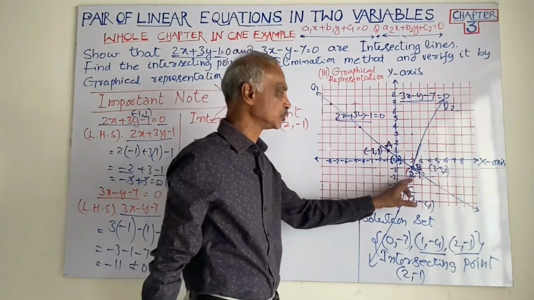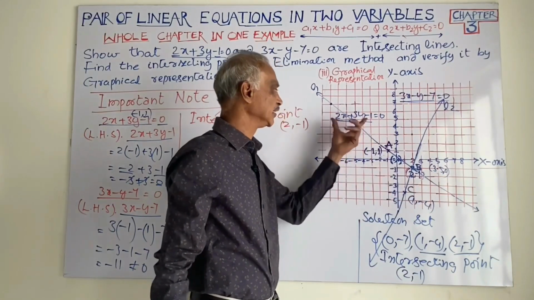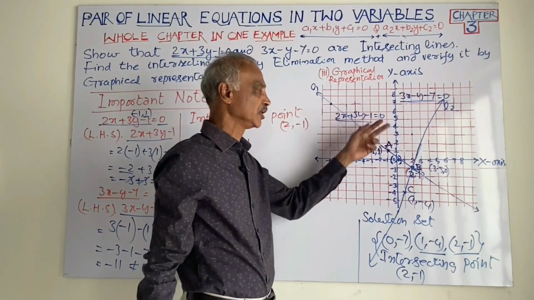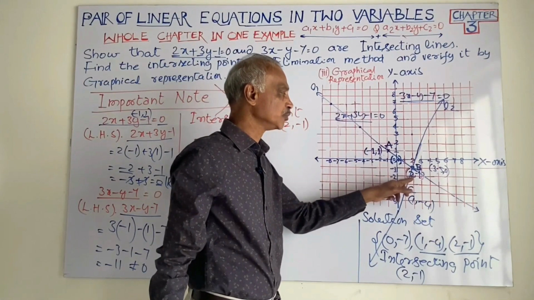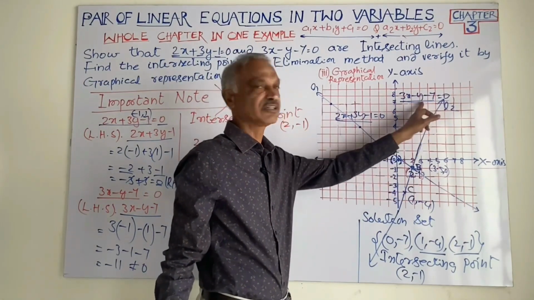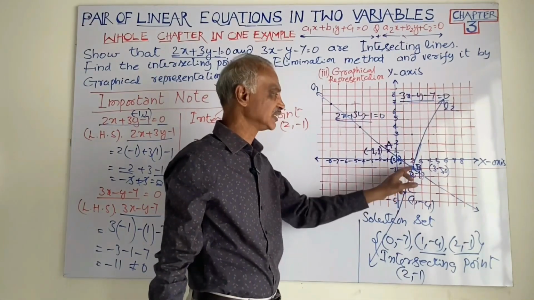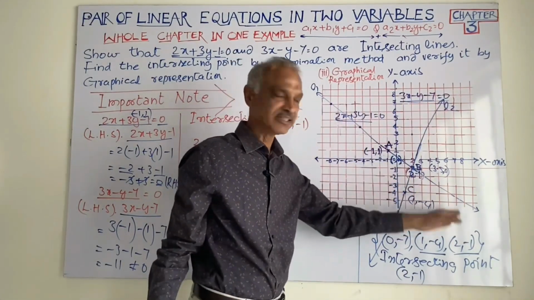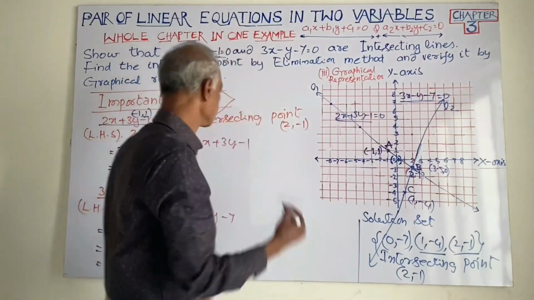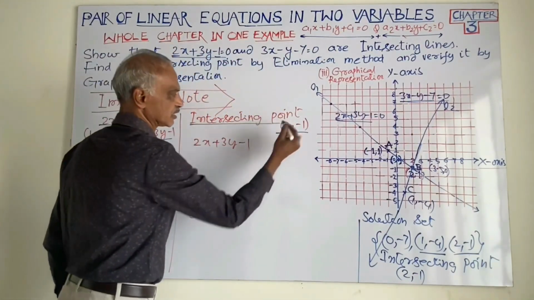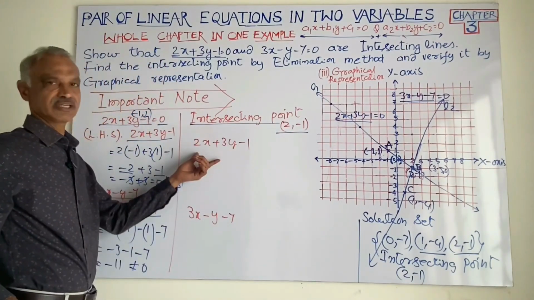If I substitute 2 and -1 in this equation, you will get 0 in LHS. If you substitute 2 and -1 in this equation also, you will get 0 in LHS, because this point is passing through this line and also this line. You observe, I am substituting the intersecting point in this equation.